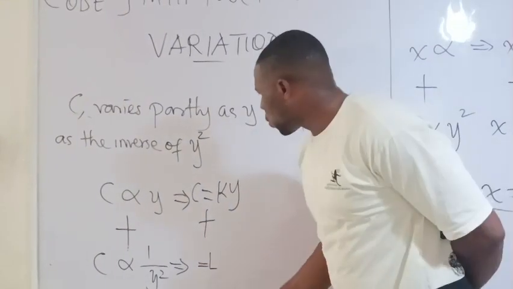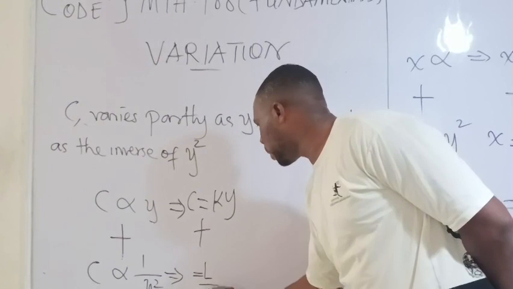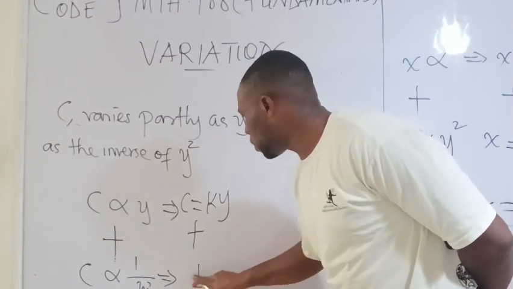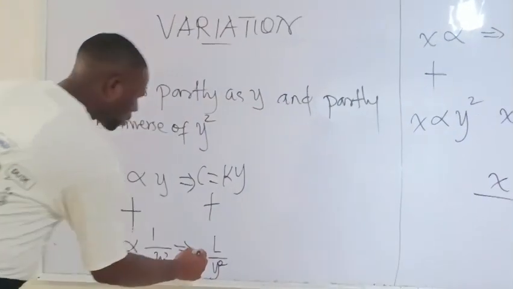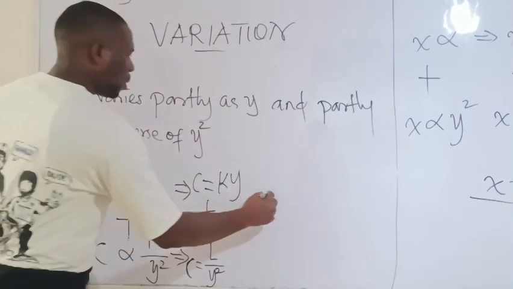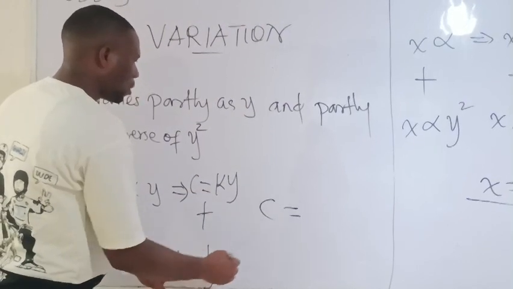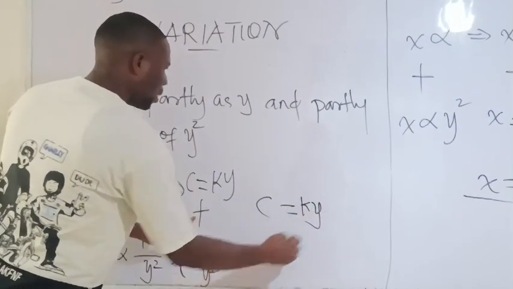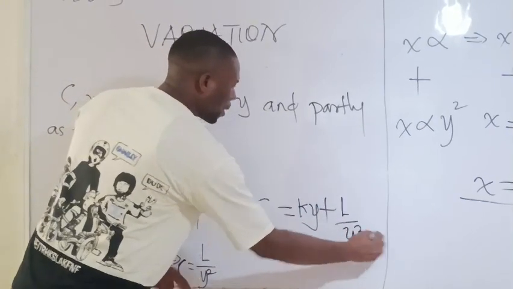So I have L times 1 gives me an L, over y squared. So if I rewrite this properly, c is equal to ky plus the next term, L over y squared.